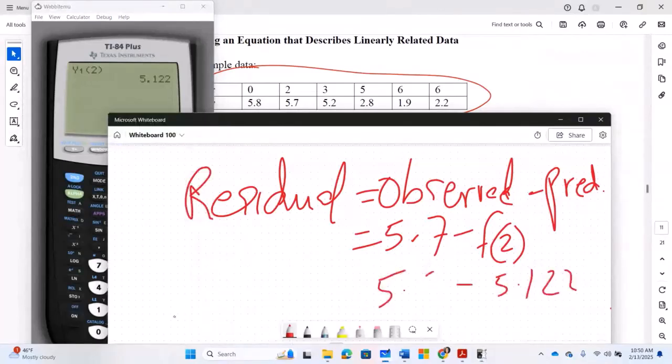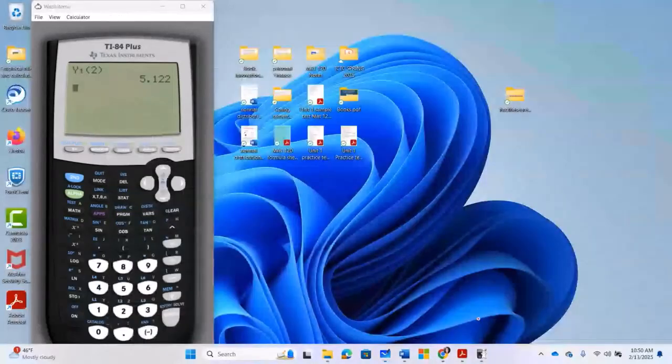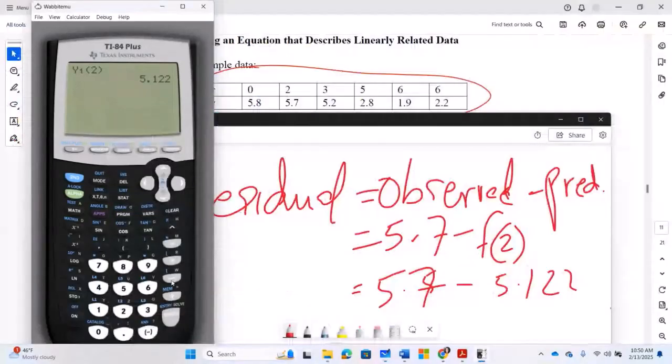So observed minus predicted. The observed is 5.7. I will get my calculator now and find the difference. So I'm going to subtract the predicted, which is 5.122.